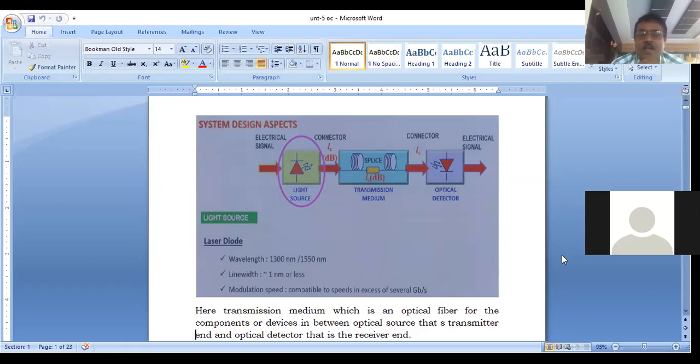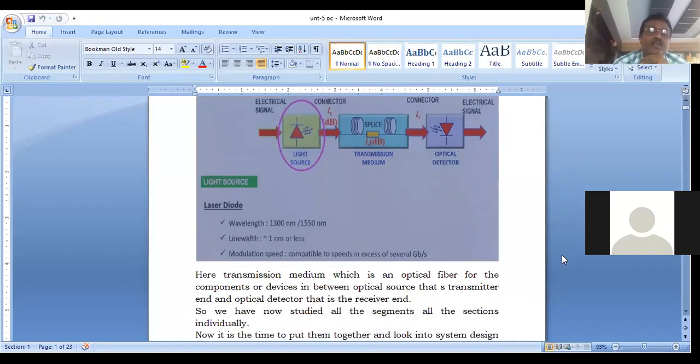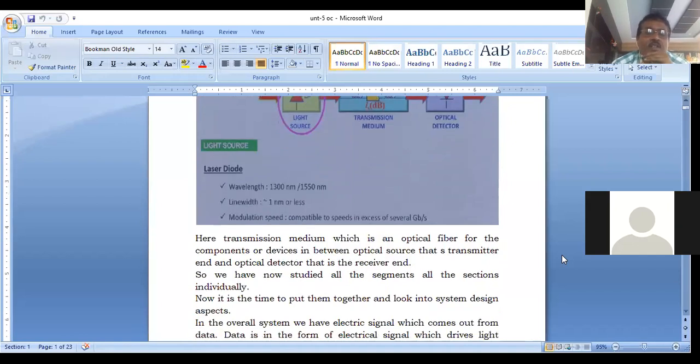For high data rate we use a laser diode, and for low data rate, especially in local communication like LAN and WAN, we use an LED. For long distance communication we use a laser diode.